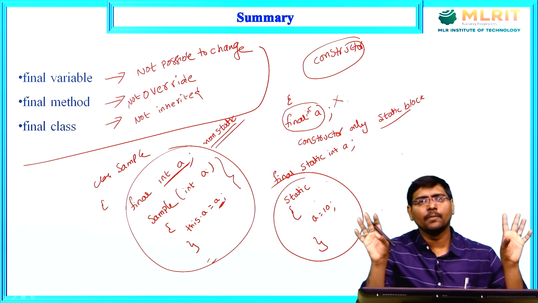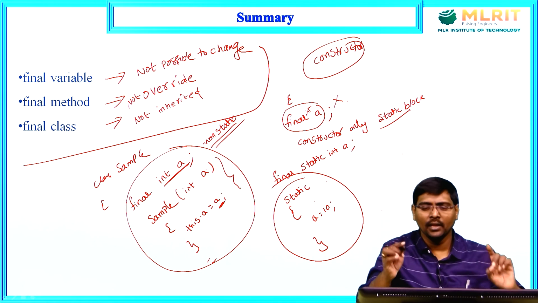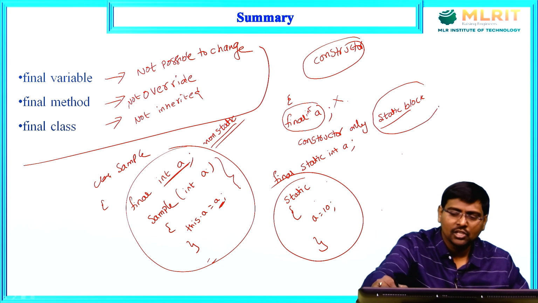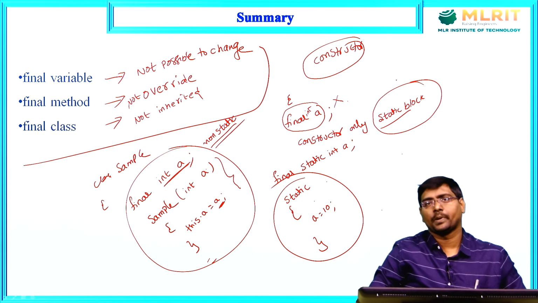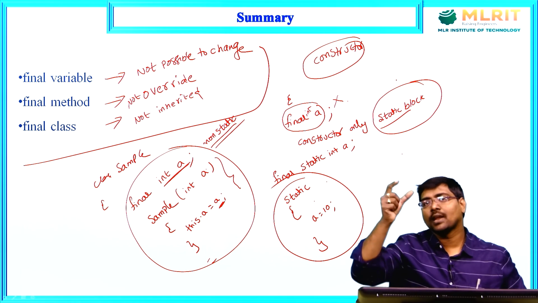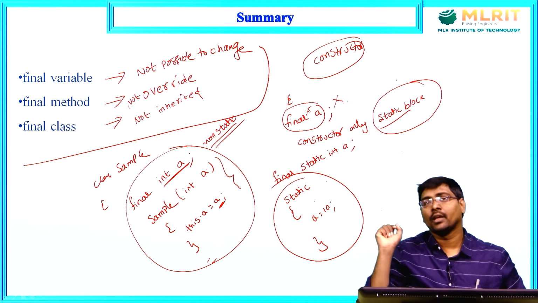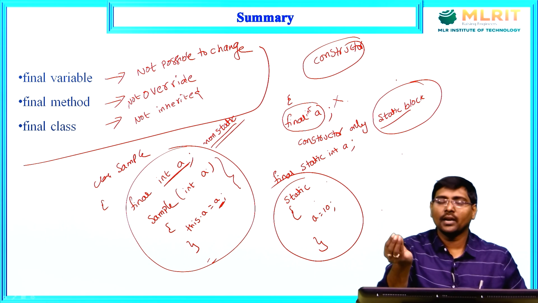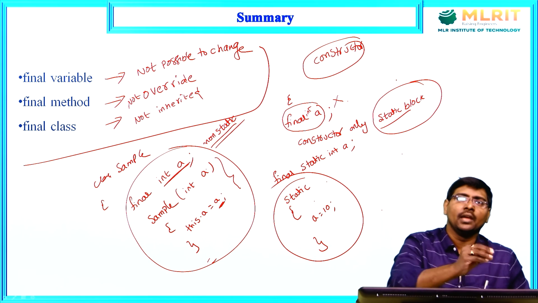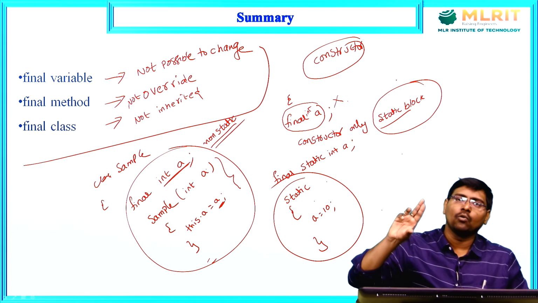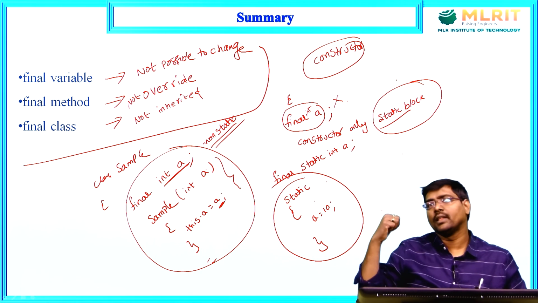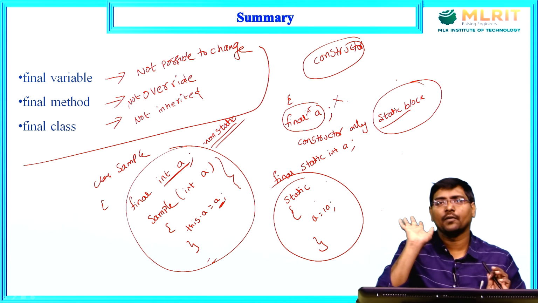In the entire program, who has the highest priority? In Java, the static block has the highest priority. So first the static block is executed, the value is initialized, and after the static block only the remaining parts are executed. In the remaining, you are not allowed to modify the value.